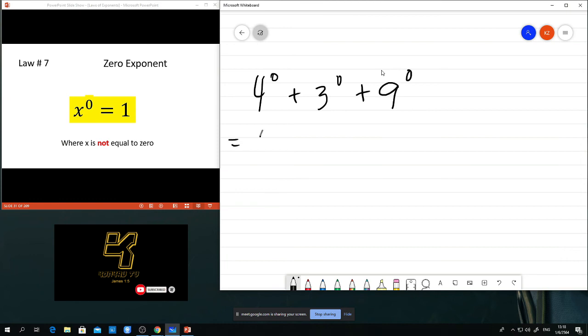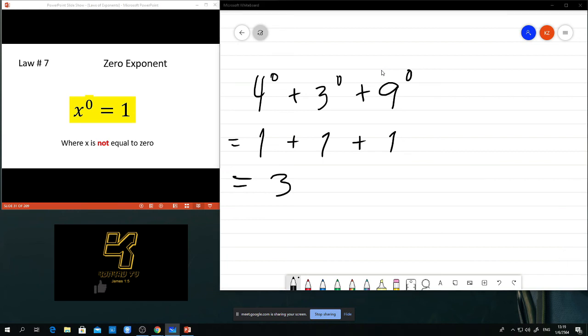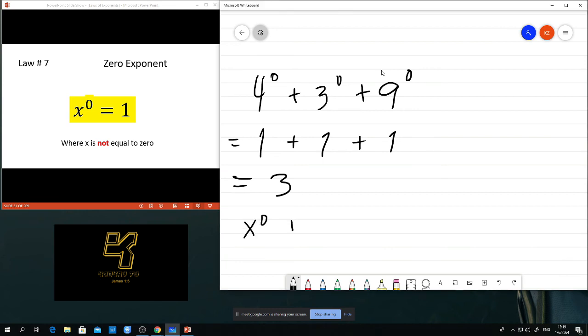It means 1 plus 1 plus 1, so it is equal to 3. Remember that. So what if I use variables? x to the power of 0 plus a to the power of 0 plus y to the power of 0. Even variables with power of 0 give 1 plus 1 plus 1, so it is equal to 3. Remember that.